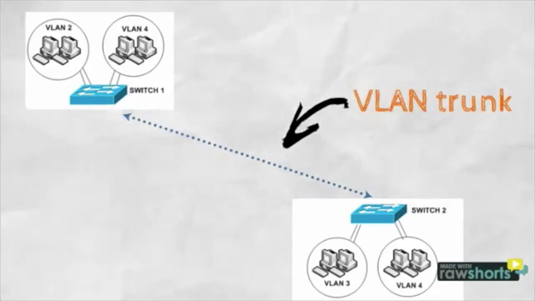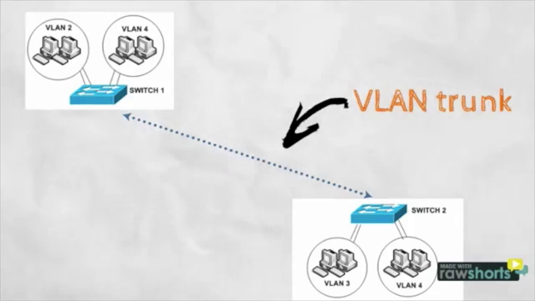VLAN trunks allow all the VLAN traffic to propagate between switches, so that devices which are in the same VLAN but connected to different switches can communicate without the intervention of a router.